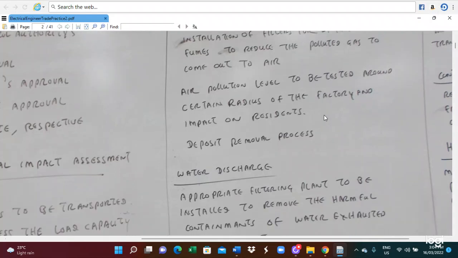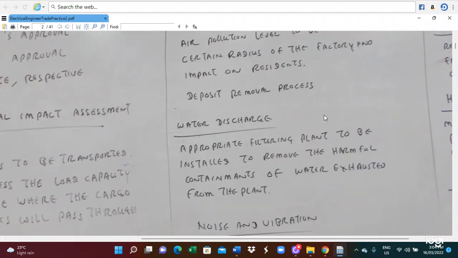Air pollution levels need to be tested, and you also have to use a stack level when the waste gas is coming out. Then how the polluted air will impact the environment or the residents also needs to be measured.